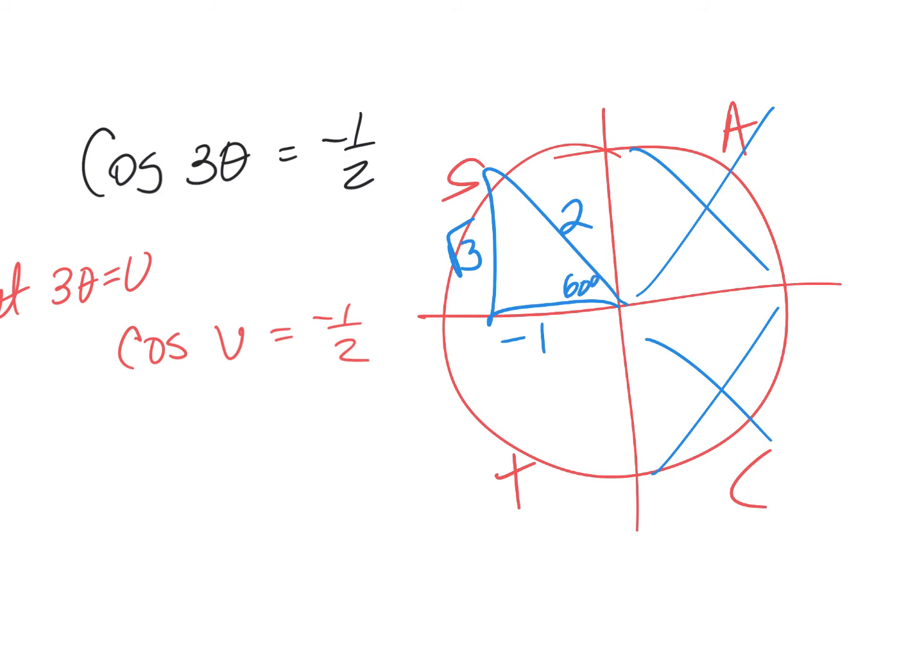And I'll have two answers. One for there and one for here. And you'll have u equals this and u equals that. Sam, what did you get? U equals, hopefully they're sets of pi over 3.